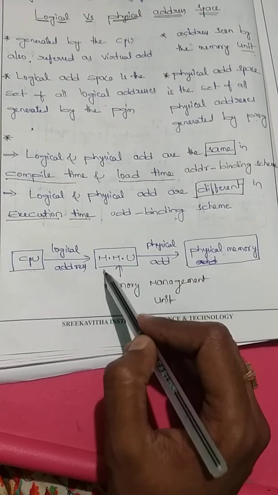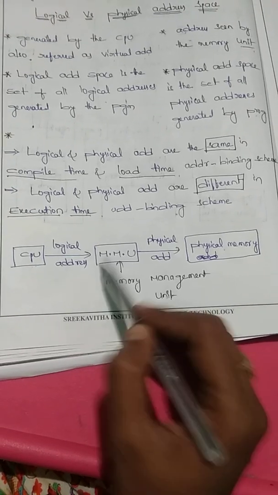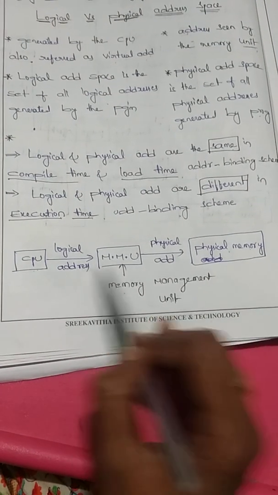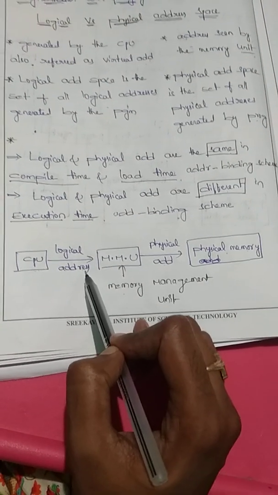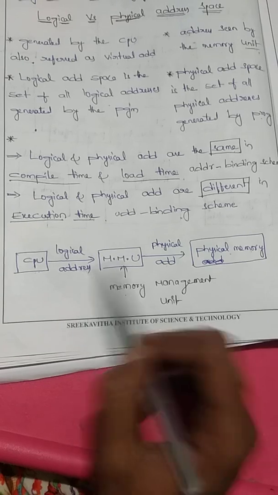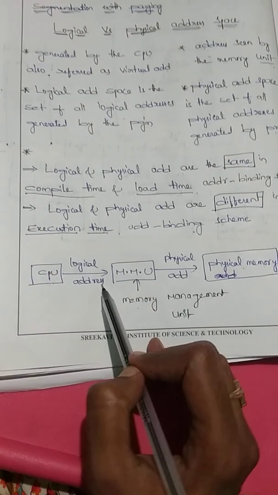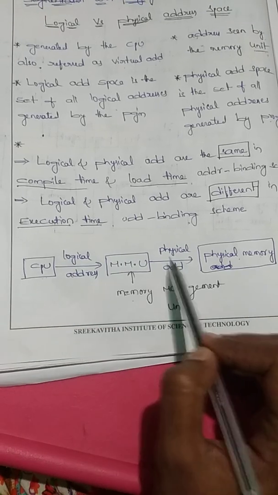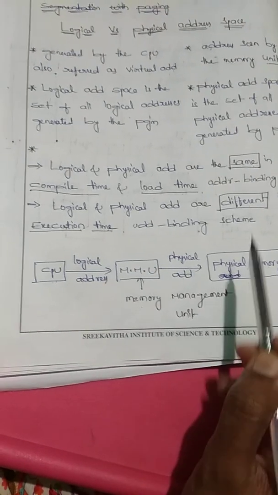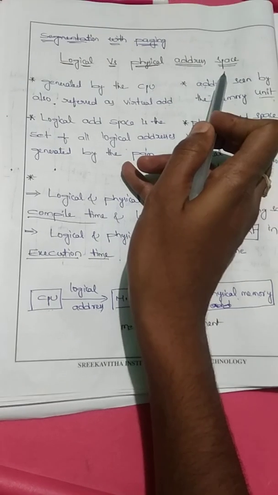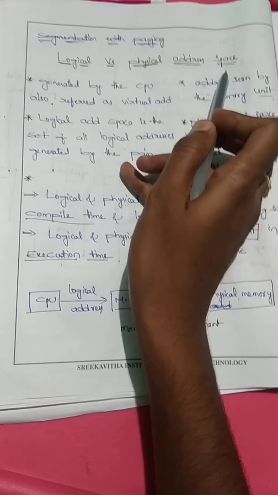So this will be created by the CPU and this will be created by the memory. These two addresses are the same at compilation time and load time, and they are different at execution time. So these are the main differences between the logical and physical address space. Okay, thank you.